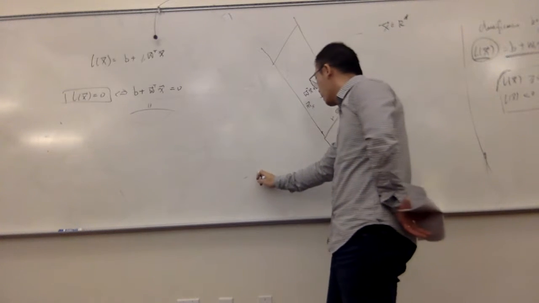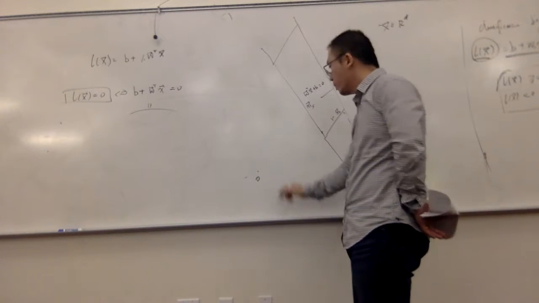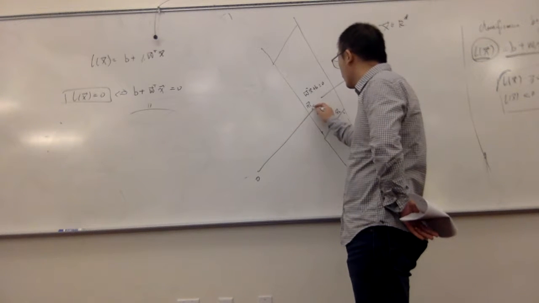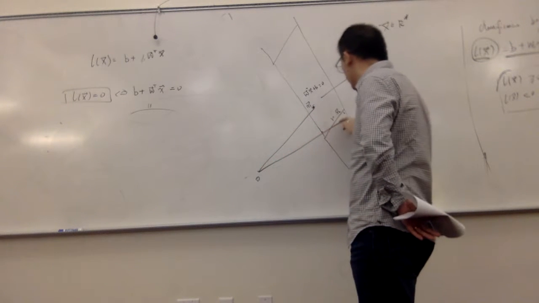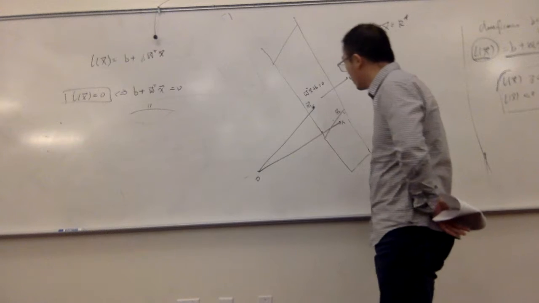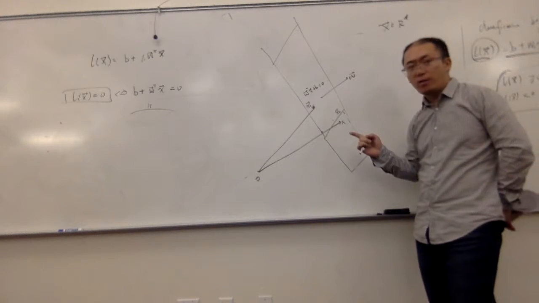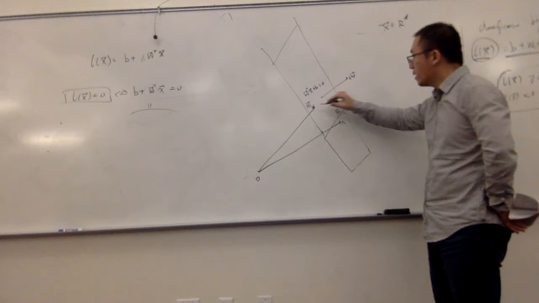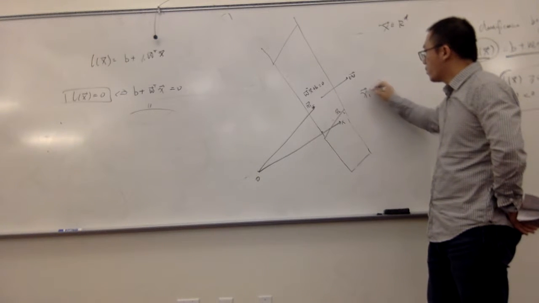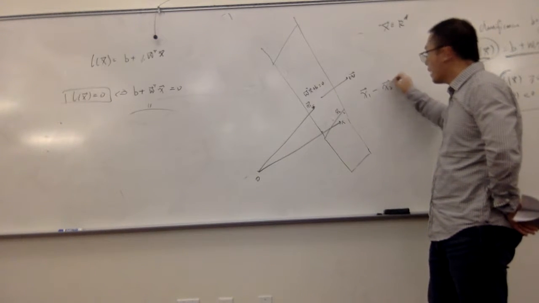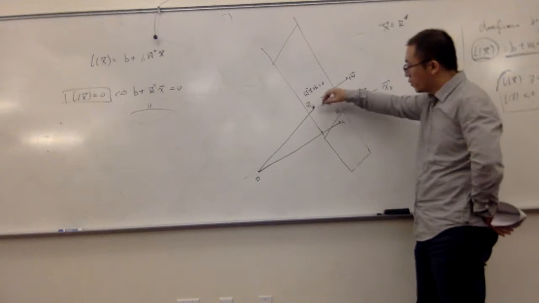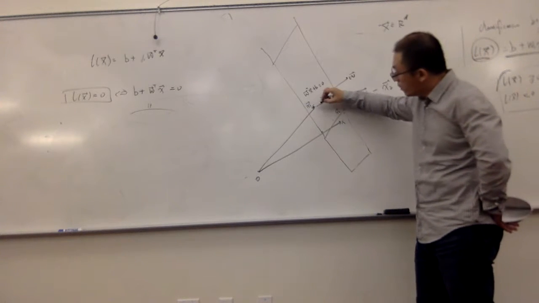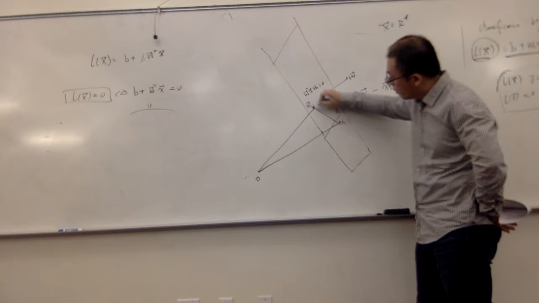So suppose this is the origin. Here is x1, and here is x2. Then to get a line which is parallel to this hyperplane, we can just subtract x2 from x1, because if you do the vector subtraction, you end up with this line.